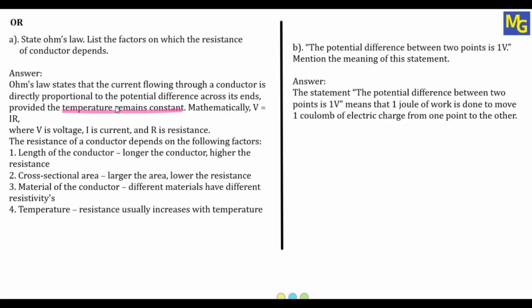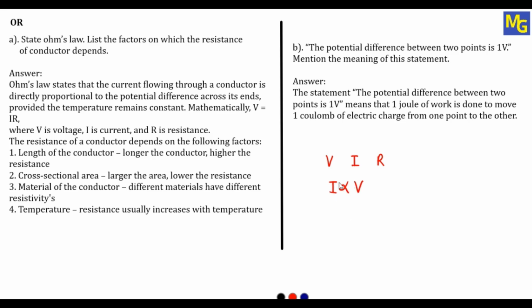If you change the temperature, then the current and potential difference both will change. Therefore, for a particular temperature, whatever current is flowing in a conductor is directly proportional to the potential difference.